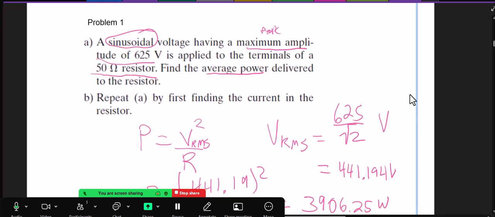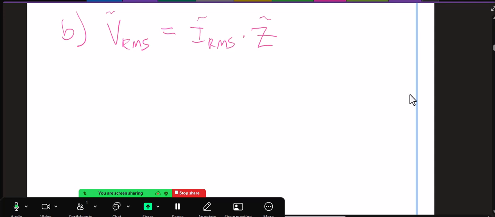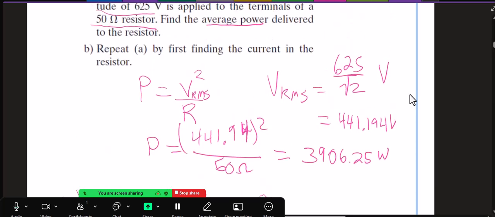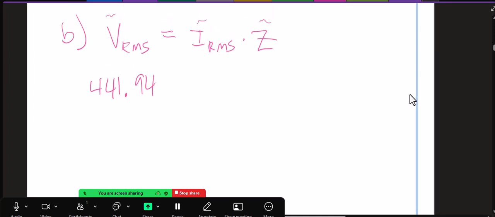Since nothing is given, I can say that VRMS is 441.94 angle 0. I think I copied it wrong up here.